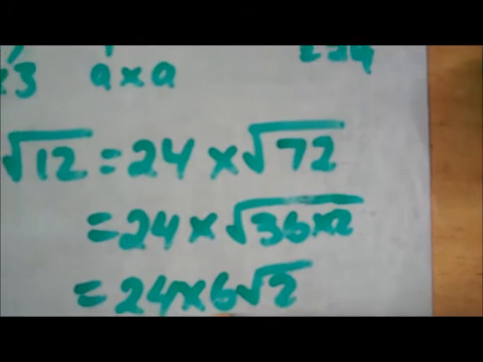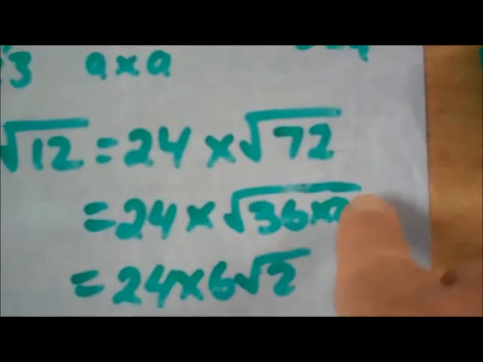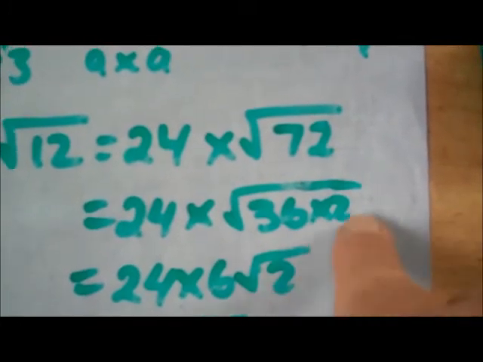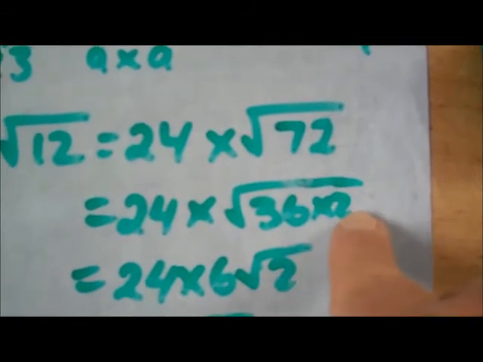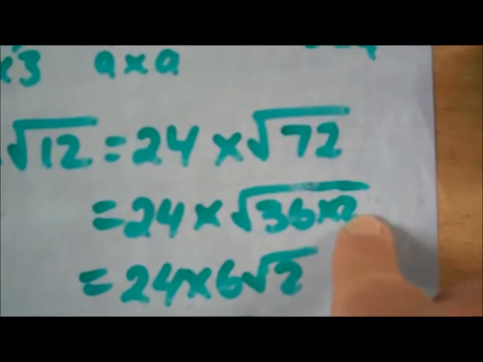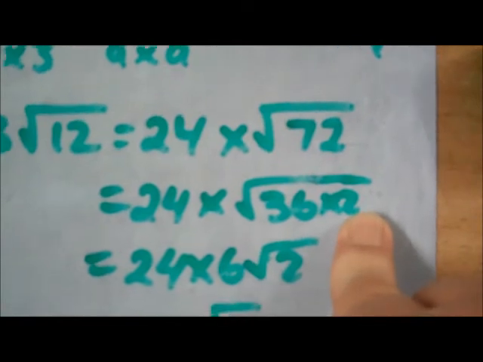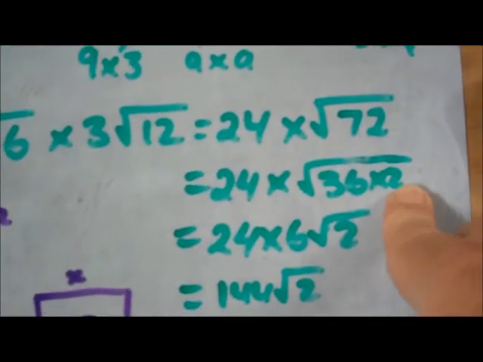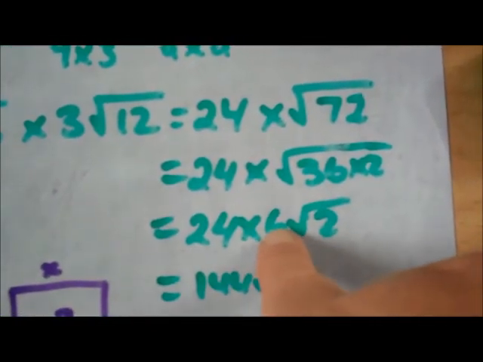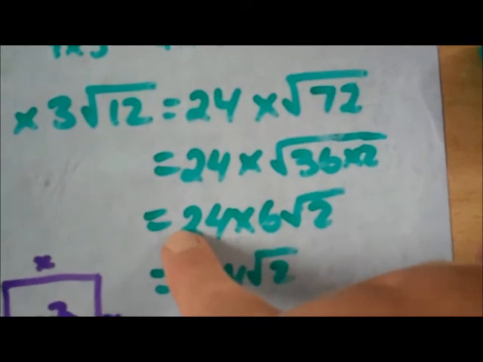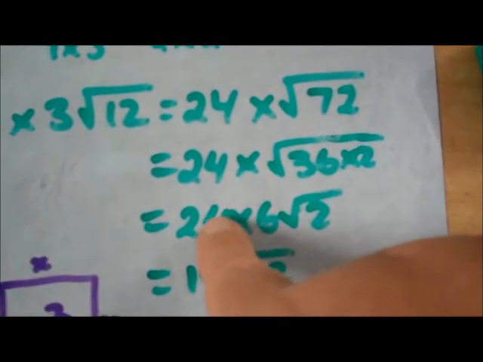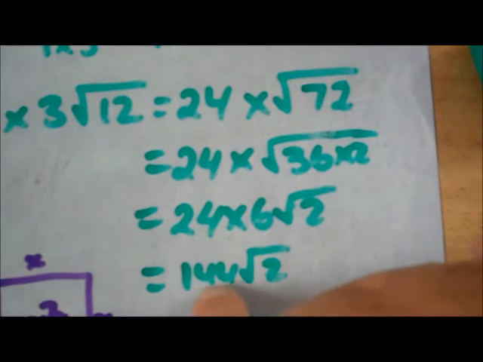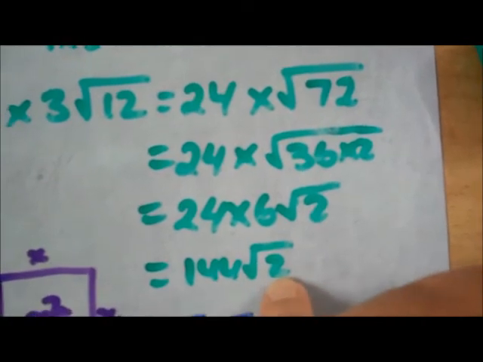So that comes outside the square root sign, and I'm still left with the square root of 2, which was there underneath the square root sign in the line above. Now I can simplify it: 24 times 6, or 6 times 20 is 120, plus 6 times 4 is 24, so I've got 144 times the square root of 2.